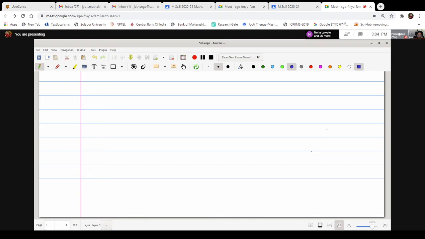Right, therefore here I'll write: since M is a closed linear subspace of H, this implies M is complete. Hence, one can write that the sequence yn is a convergent sequence.